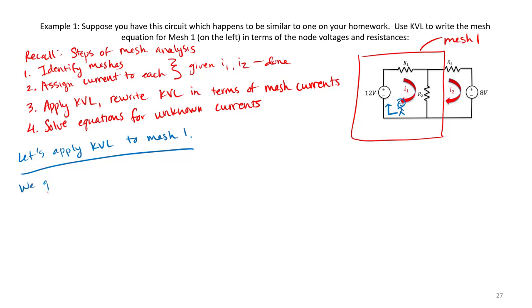Let's see what we get. I walk from minus to positive on my voltage source, so I get plus 12 volts. I have a voltage drop across resistor R1, another voltage drop across resistor R2. Okay, so there's our Kirchhoff's voltage law equation.